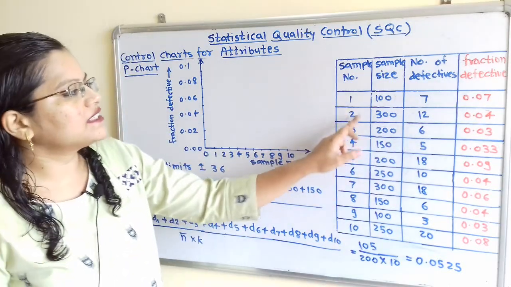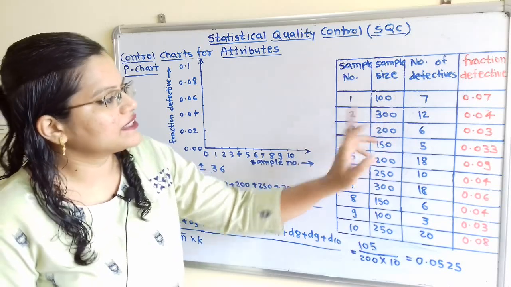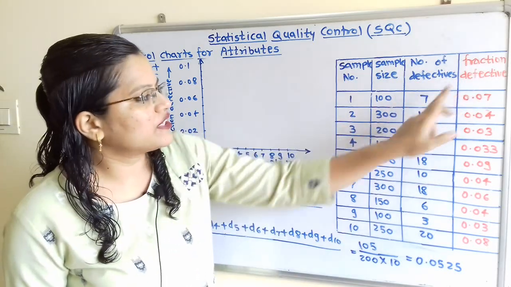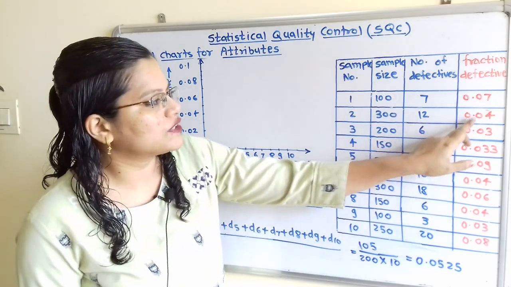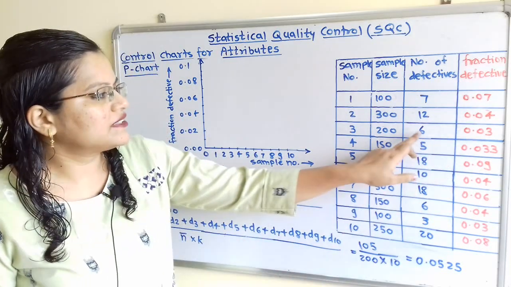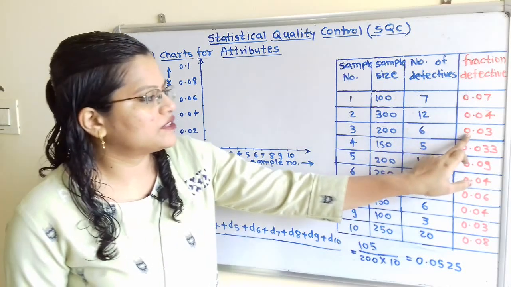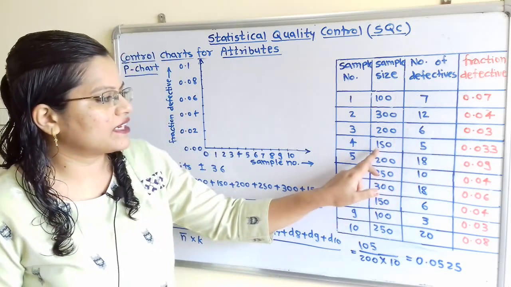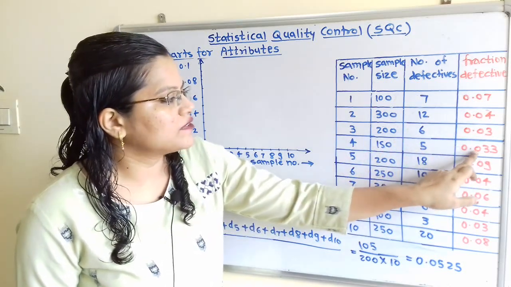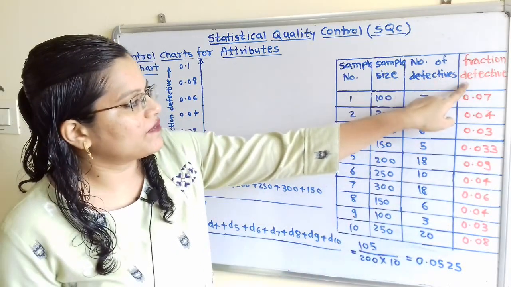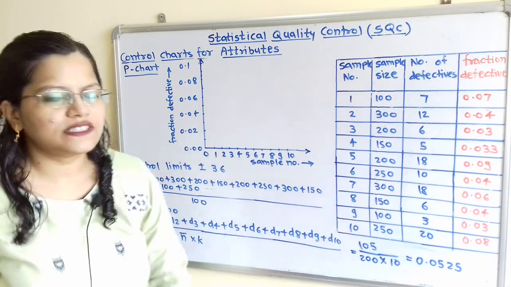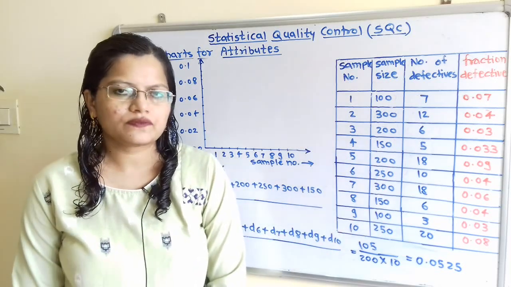Now for second sample number, sample size is 300, so fraction defective is 12 divided by 300, which is equal to 0.04. Then 6 divided by 200, 0.03. 5 divided by 150, 0.033, and so on. So we have to calculate the fraction defective for all the sample number 10.